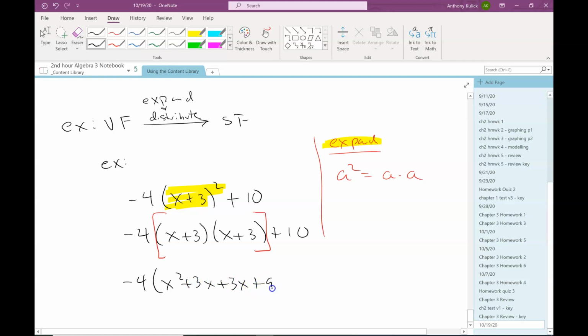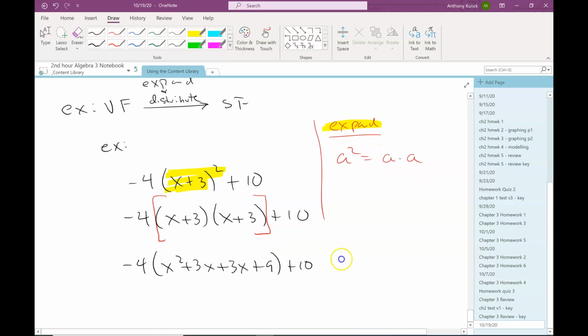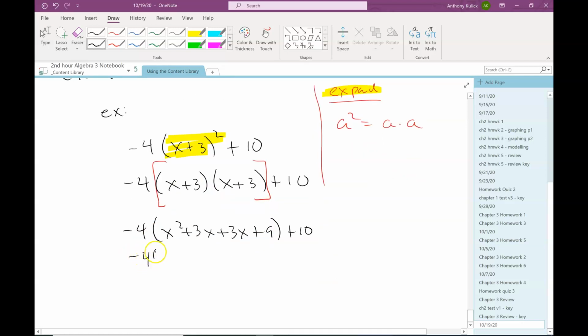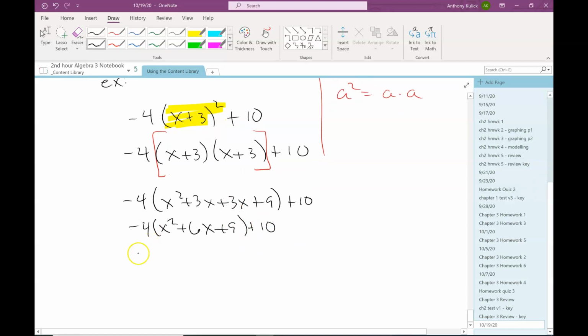And then we'll distribute the -4. And then I'll combine the -36 and the +10. And there's my standard form polynomial. Are we okay with that idea?